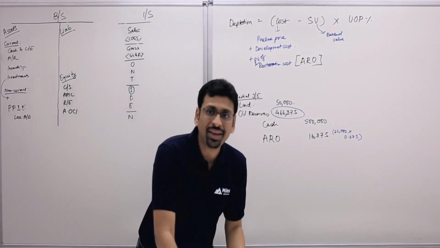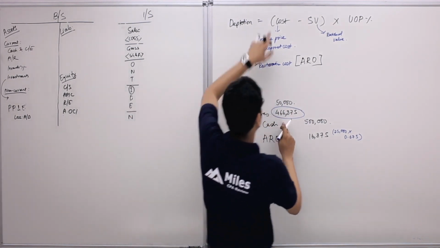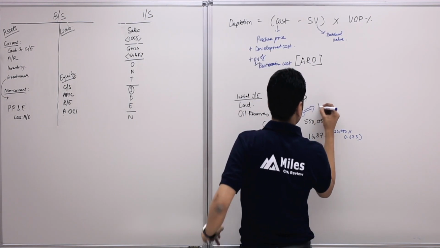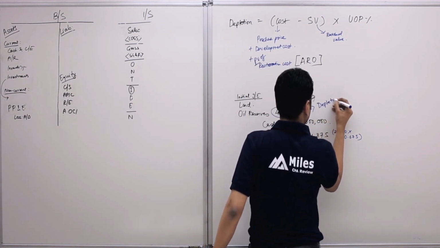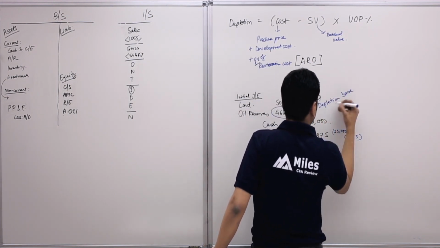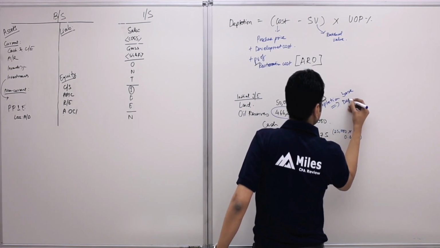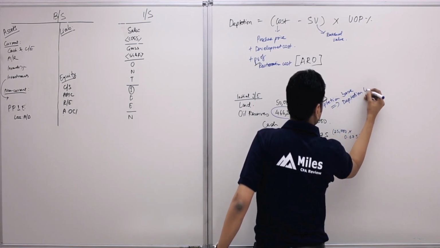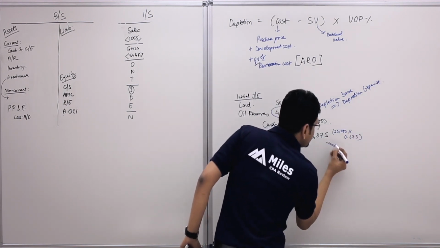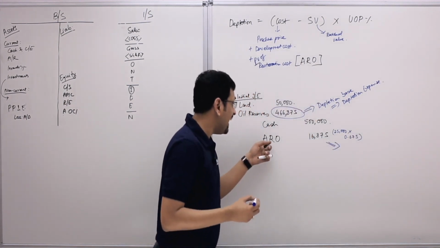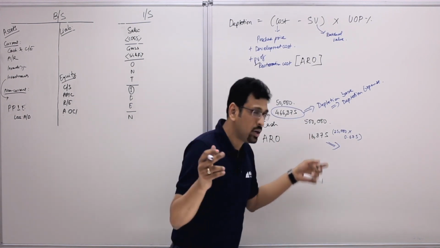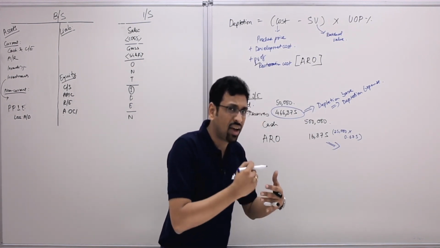Now, what you basically do is this becomes the depletion base for depletion expense. And this is the base for the asset retirement obligation. Now guys, think about it. 16,875 as of today.